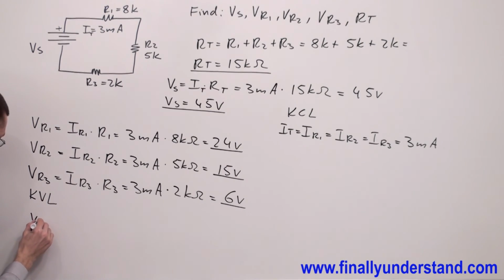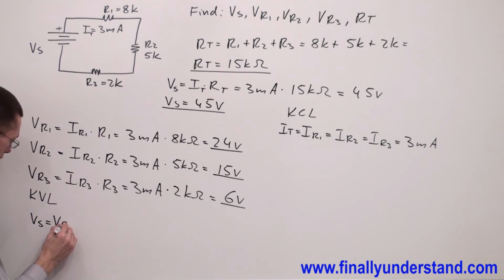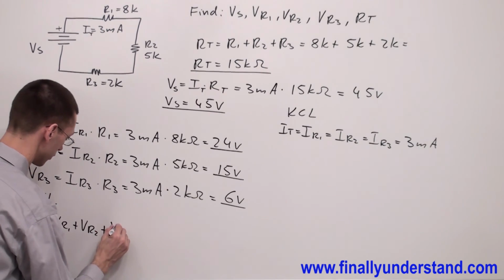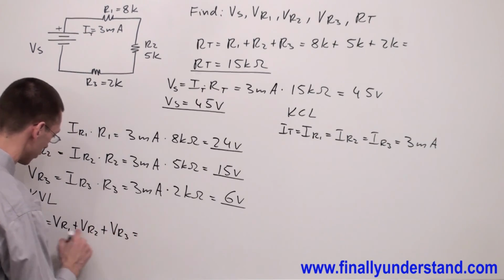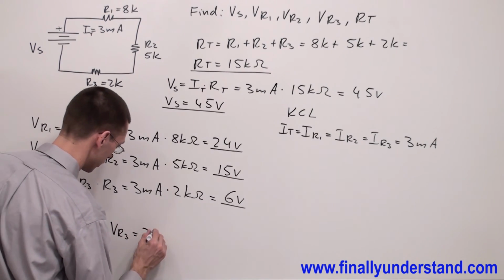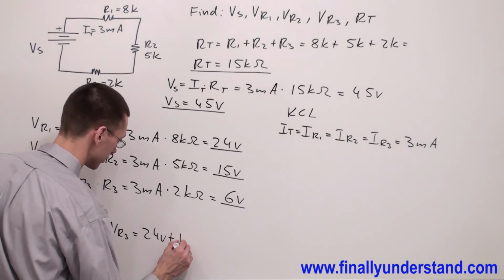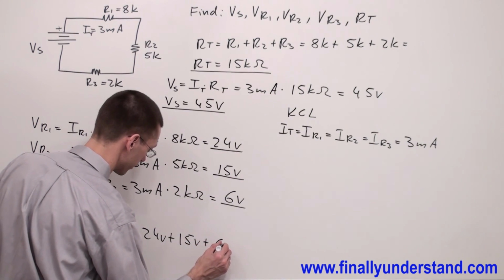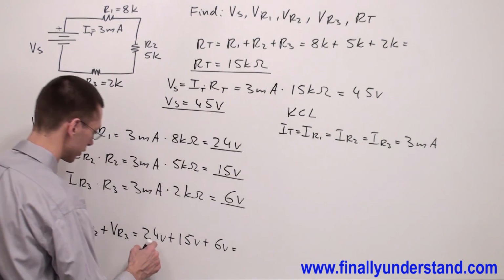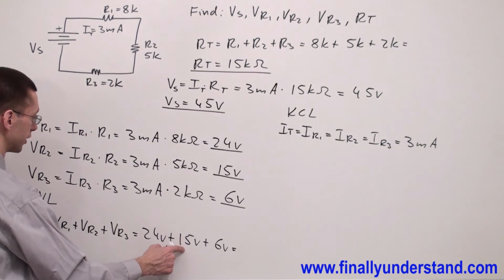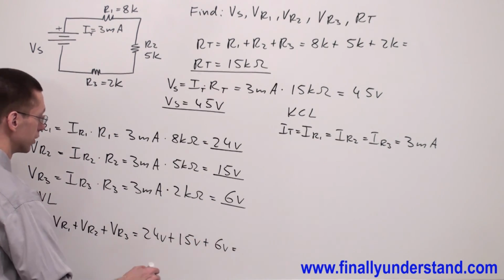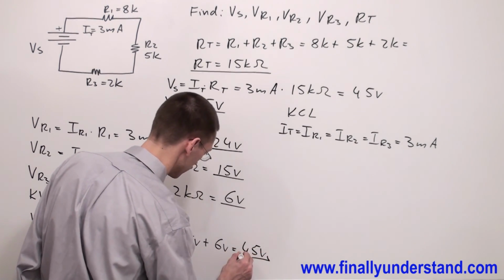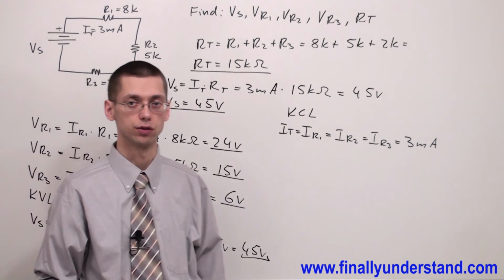So I'm going to write voltage source is equal VR1 plus VR2 plus VR3, where VR1 is equal 24 volts plus 15 volts plus 6 volts. 24 plus 15 plus 6 is equal 45 volts. It means that all our answers are correct.